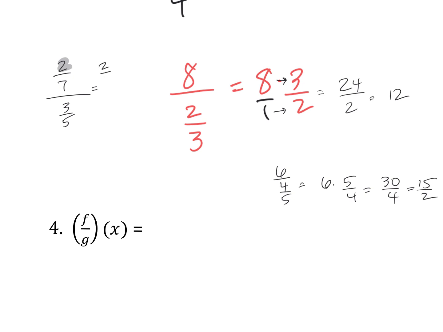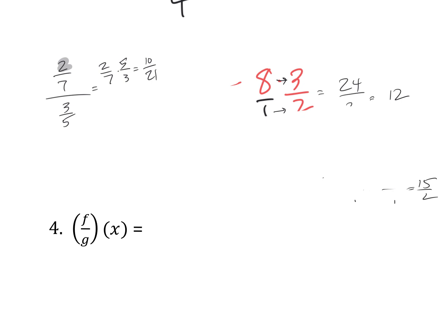That'd be the same as 2/7 times 5/3. Multiply across. 10 over 21. So we can do this stuff that, in my opinion, looks pretty overwhelming, without a calculator as long as we use our little trick.